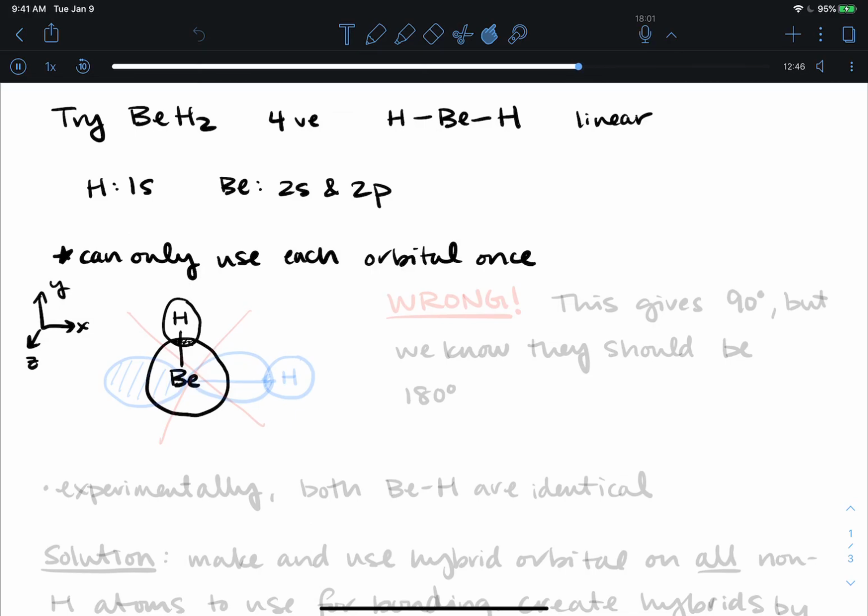So for my next sigma bond, I have to use a p orbital because I used up my beryllium s orbital. And like I said, I need to put it as far apart from that other bond as possible. So let me put this p orbital here. Now, if I were just shading this orbital, I would need to shade one of these lobes.